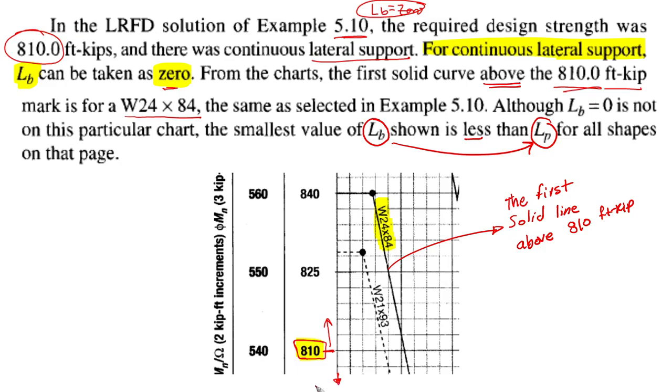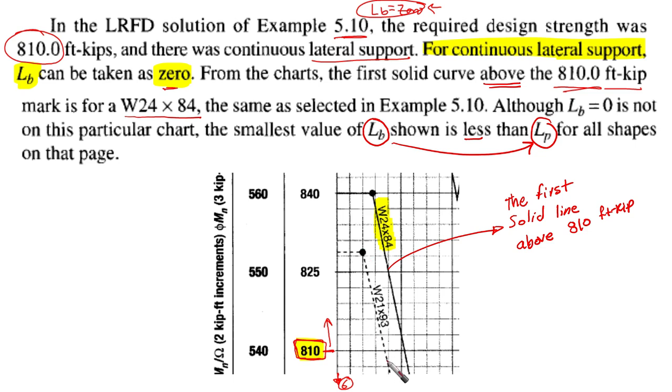We said that LB is equal to 0, but actually in the charts you're not going to find LB equal to 0. Maybe you can start with 6, for example. So you are searching for the mark with more than 810, and then you're going to check up. You're going to find the dashed line curve with W24 by 83.